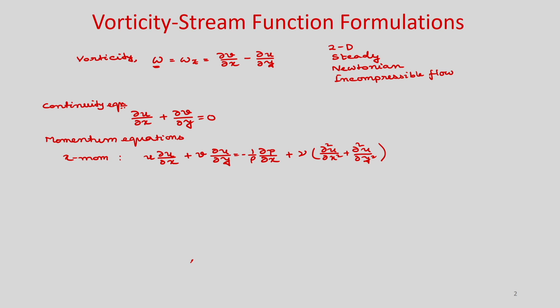And the y momentum equation is u del v by del x plus v del v by del y equals minus 1 by rho del p by del y plus nu times del 2 v by del x square plus del 2 v by del y square.